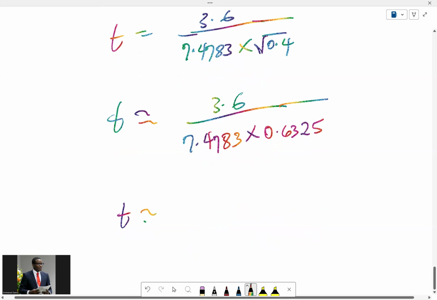So t is approximately 3.6 divided by 7.4783 times 0.6325, and that gives us the final result of 0.6342. 0.6342 is our test statistic.